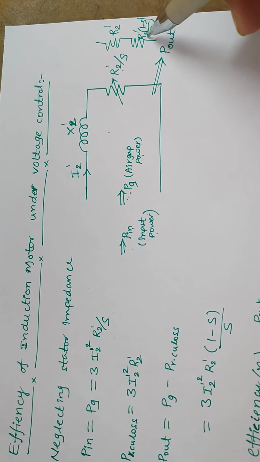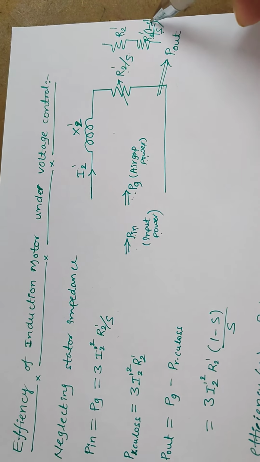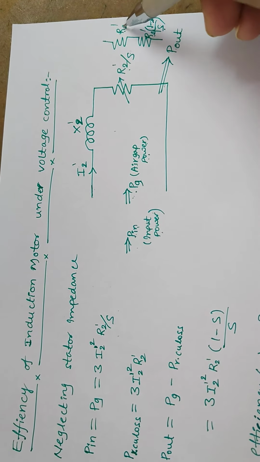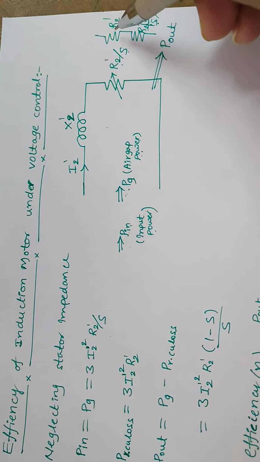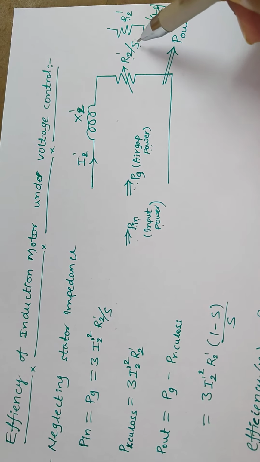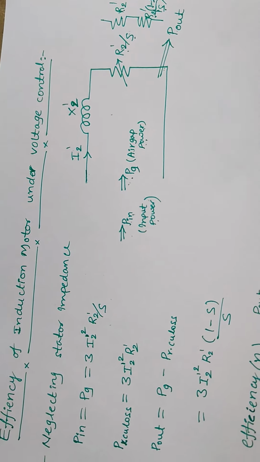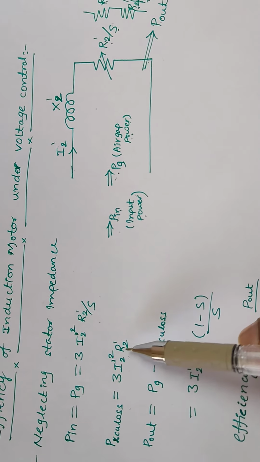R2 dash plus R2 dash by S minus R2 dash into S by S, that is nothing but minus R2 dash. Minus R2 dash and plus R2 dash get cancelled, and we get only R2 dash by S. But to find the rotor copper losses, we split this R2 dash by S resistance into two components. So by using this R2 dash resistance, we get the copper losses as 3 into I2 dash square into R2 dash.